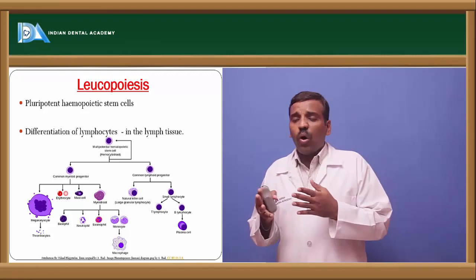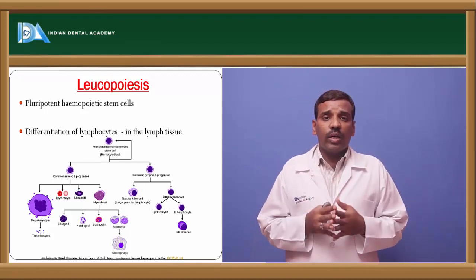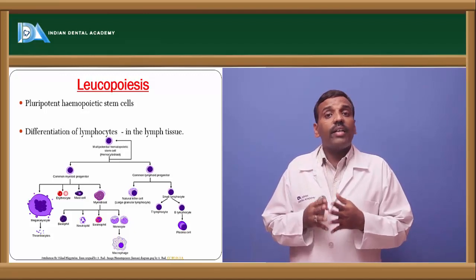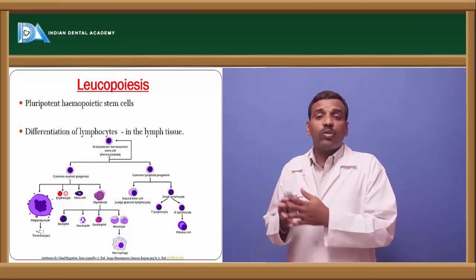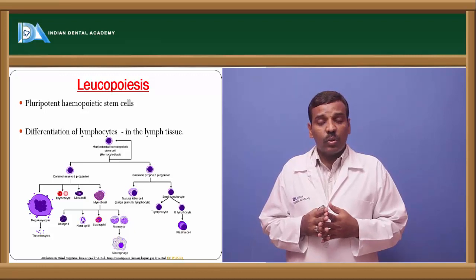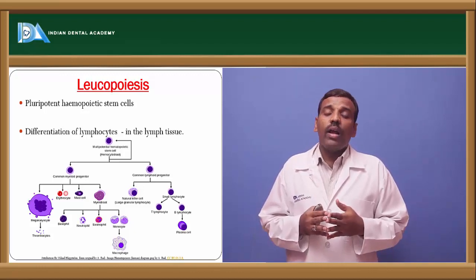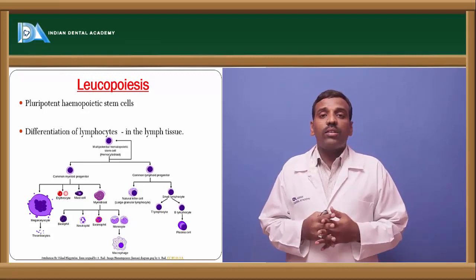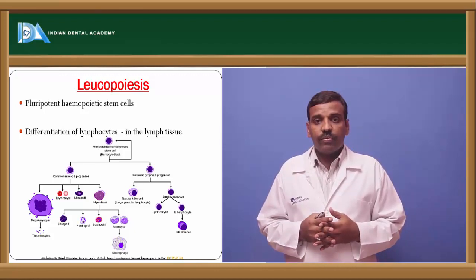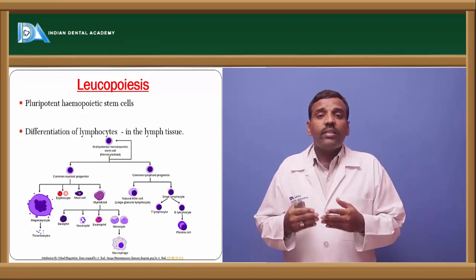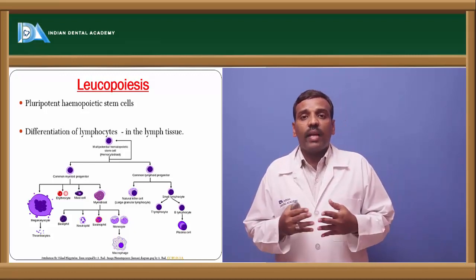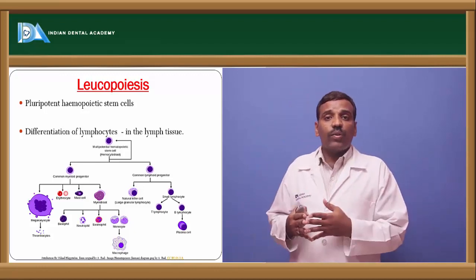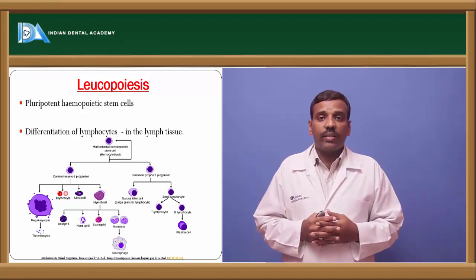After CFU-GM, there are neutroblast, eosinoblast, basoblast and monoblast. These are also called blastocytes for neutrophil, eosinophil, basophil and monocyte. From these, the cells directly come as neutrophils, eosinophils, basophils and monocytes respectively.